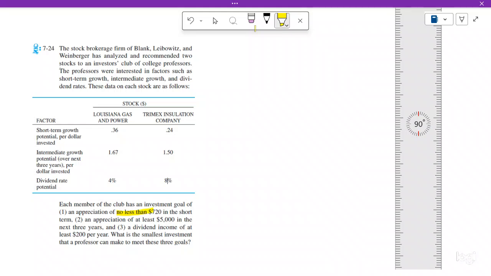Let x equal 0, and then y becomes 200 over 0.08, which equals 2.5 thousand.